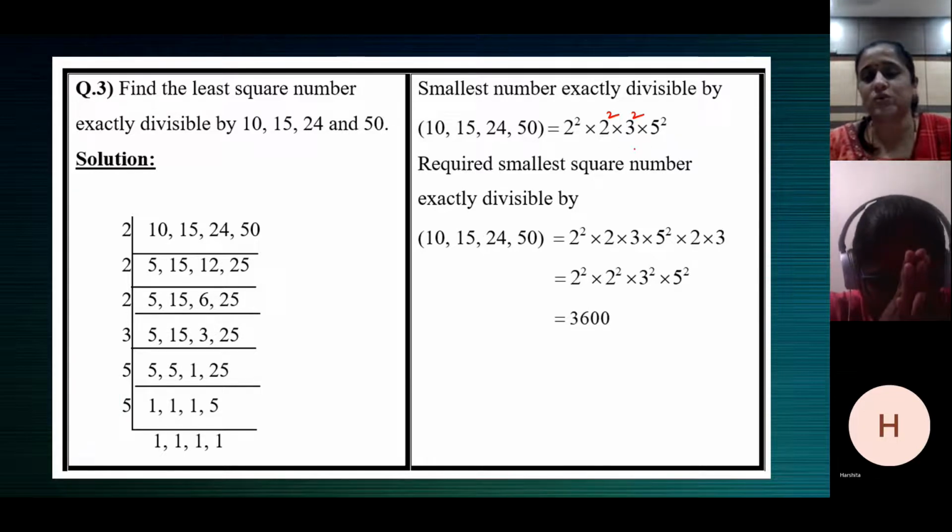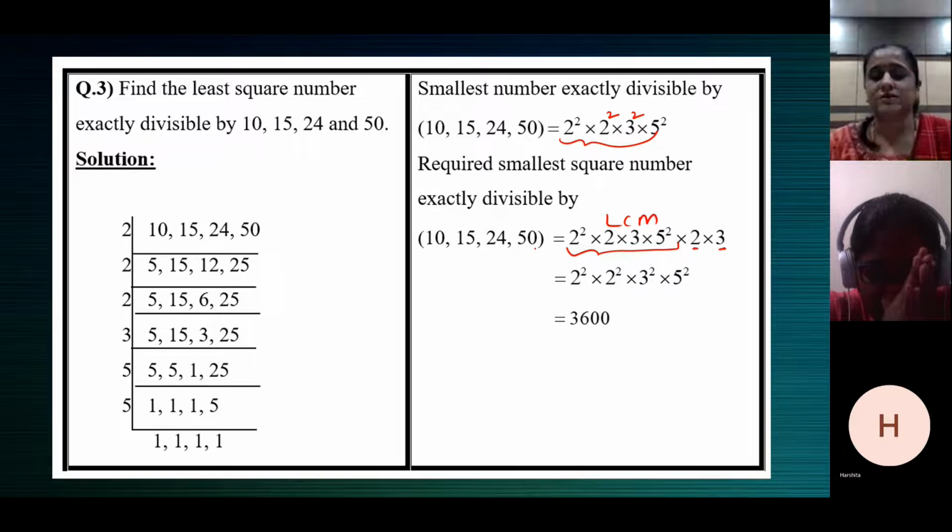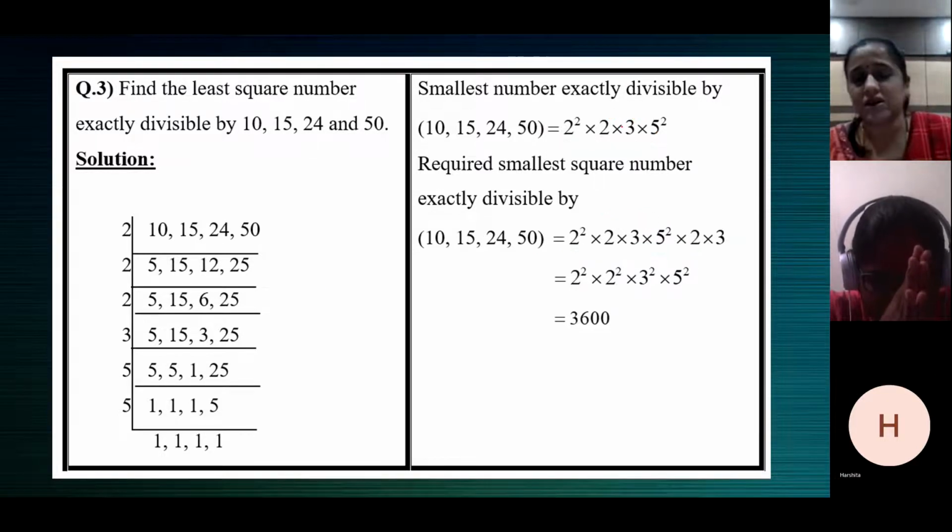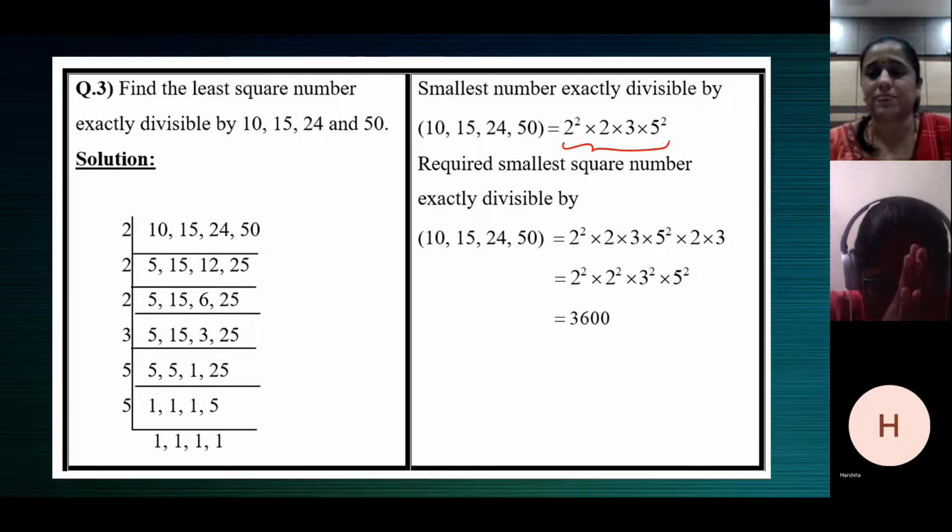How will they become 2 square and 3 square? Only when you multiply the LCM with another 2 and 3. This is the LCM, what we got here. You need to multiply the LCM by those factors which do not occur in pairs.